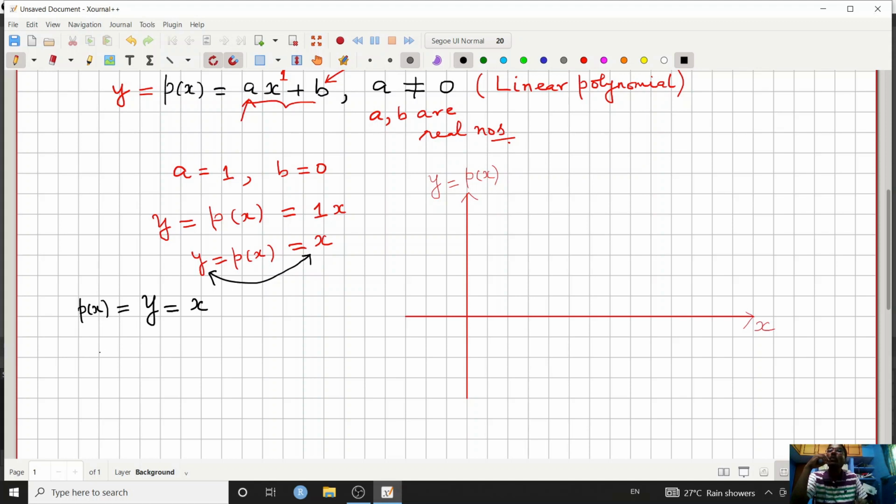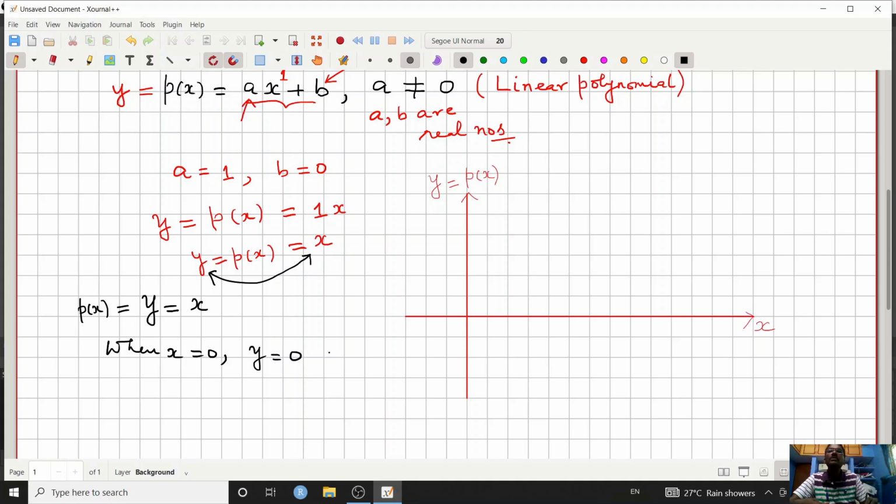Now I will give values to x. So when x is equal to 0, then y becomes 0.